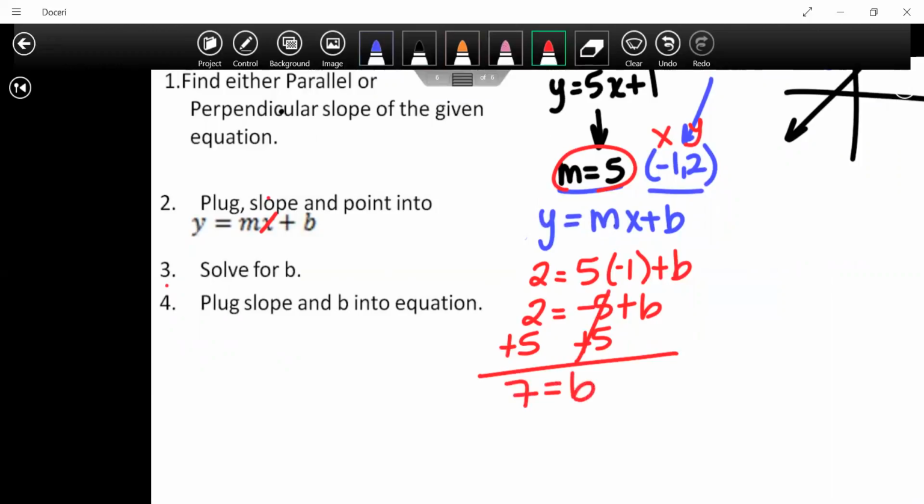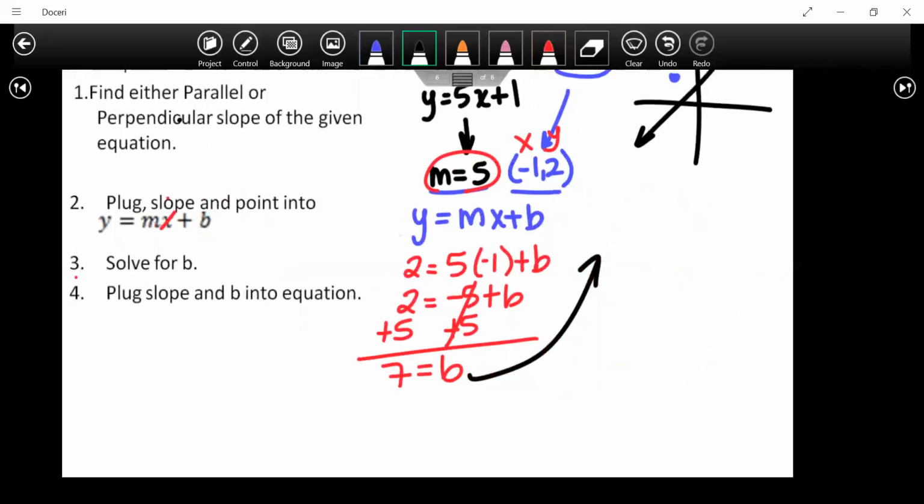All we're trying to do is use our old equation, use the slope that is parallel to it, plug it in, and solve it out. We're going to join this all together, and we're going to do way more than this because I'm not going to give you guys time on this. y is going to be equal to, what's my parallel slope? 5x. What's my b now?